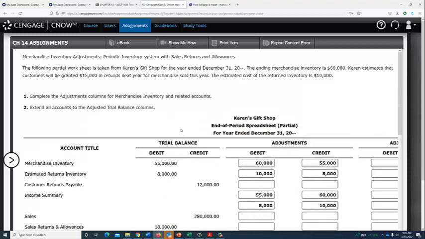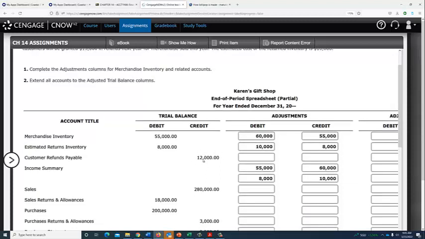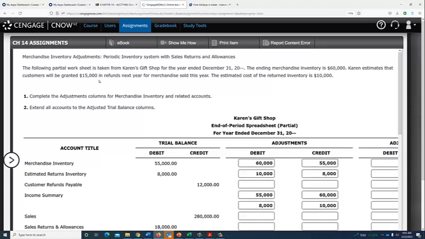Okay, and then next we will adjust the estimated customer refunds payable. So the new figure she's estimating is $15,000. Right now we're sitting with a $12,000 credit. So I need to bring this $12,000 credit up to $15,000.